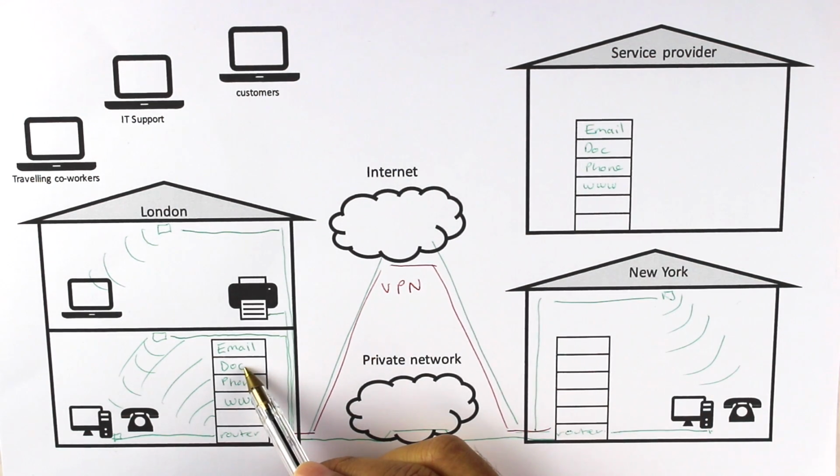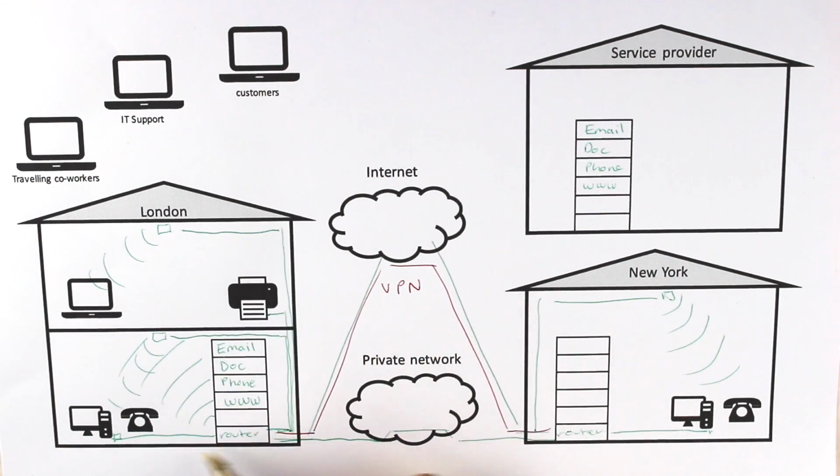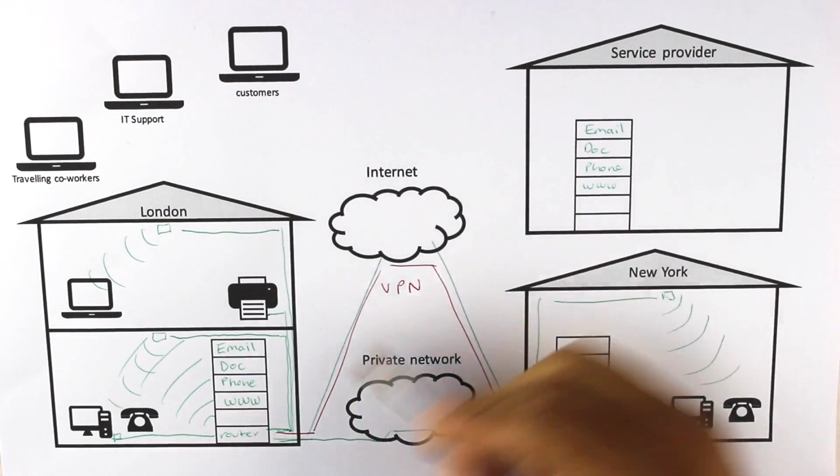If I've got document storage on site, and if these are very large documents, such as video files, or perhaps computer aided design files that are used in, say, architectural firms, it's much easier to access and download those documents if they're stored locally, because networks that are local area networks and even wide area networks are often much larger capacity than if we're going out to a service provider across the internet.